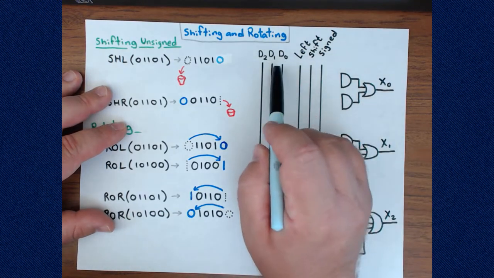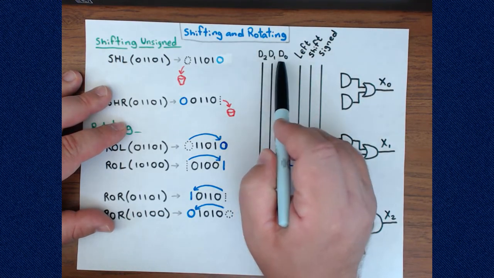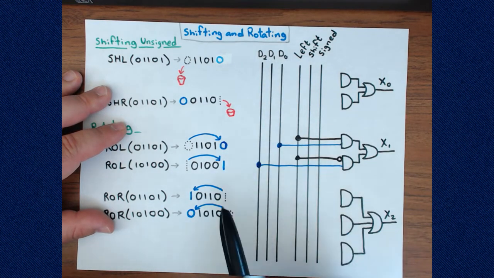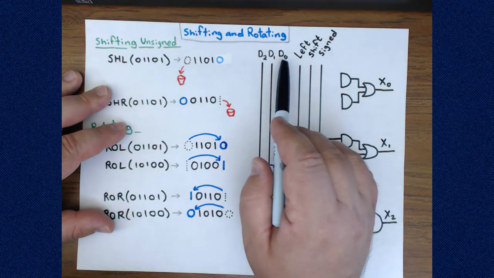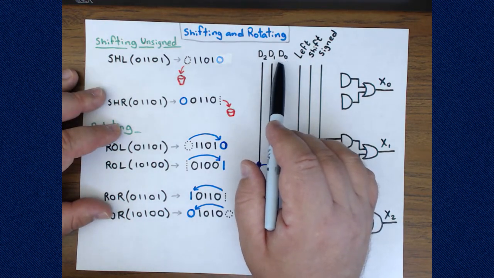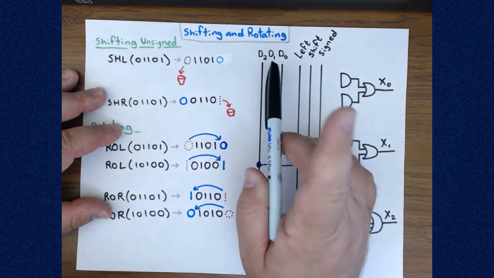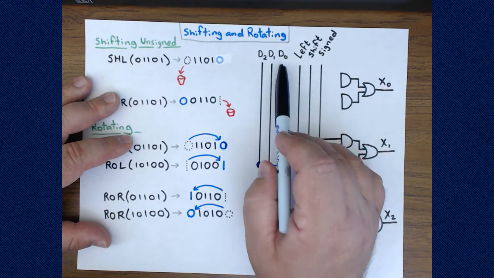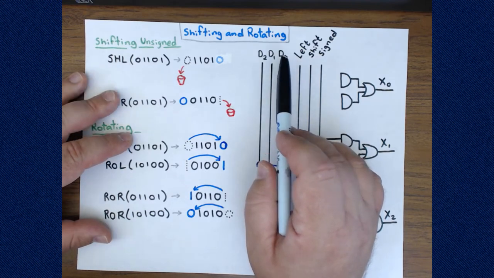So over here, if we shift to the left, then d sub 0 will be routed into d sub 1. That's what we got here. However, d sub 0 needs to have something in it. And whenever we're going to the left, if it's a shift, then d sub 0 needs to end up with a 0 in it.